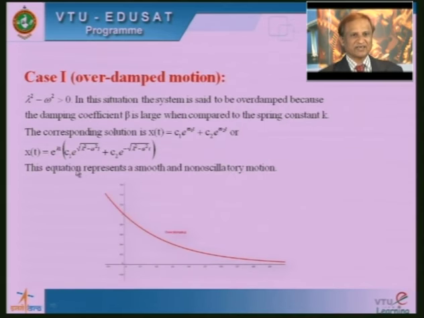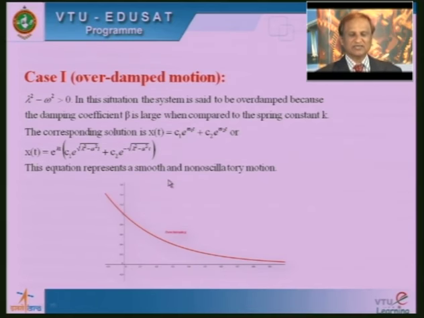According to this, I can write the solution in this form: c1 into e to the power square root of lambda square minus omega square into t, plus c2 into e to the power minus square root of lambda square minus omega square into t. So, roots are real and distinct.